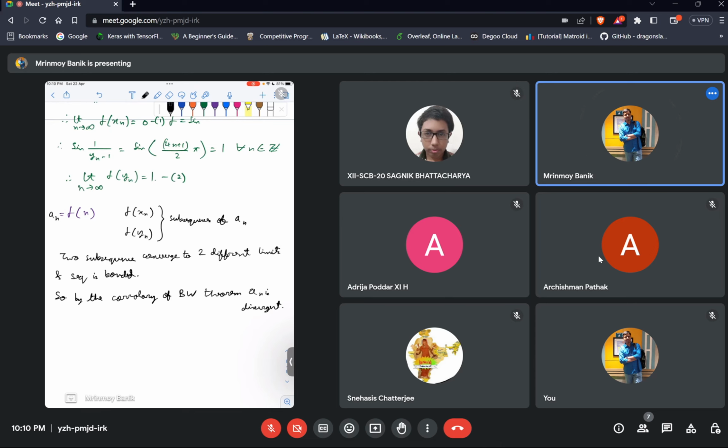Right, so this is one of the ways of showing that the limit as x tends to 1 of sine of 1 by (x minus 1) does not exist. Doesn't exist.